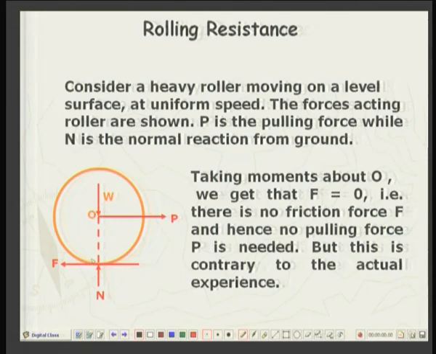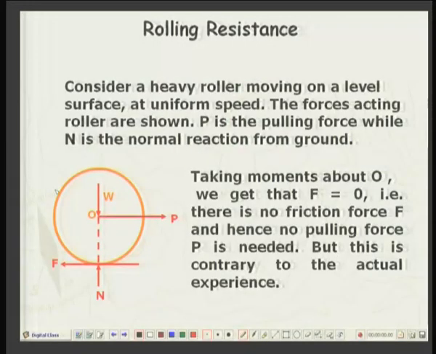So, since the sum of all the moments is equal to 0, it means the force F also has a moment equal to 0 about the center of the roller. It means that force F is 0, there is no force of friction, and hence no pulling force required to maintain the uniform speed of the roller, which is contrary to the experience. After all, the workers have to pull the roller to move it.